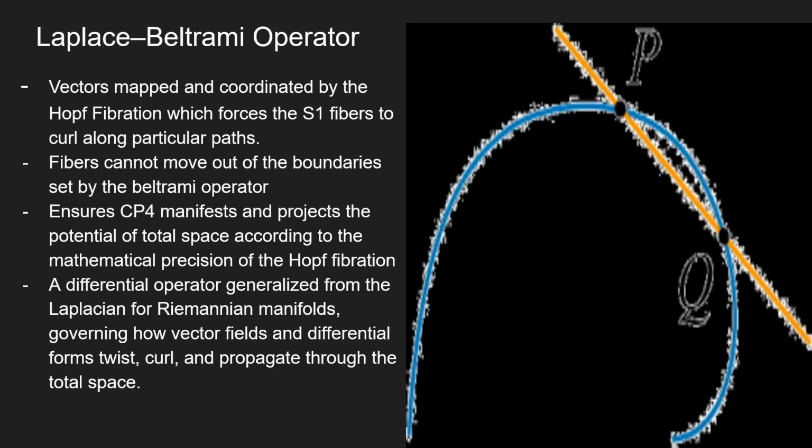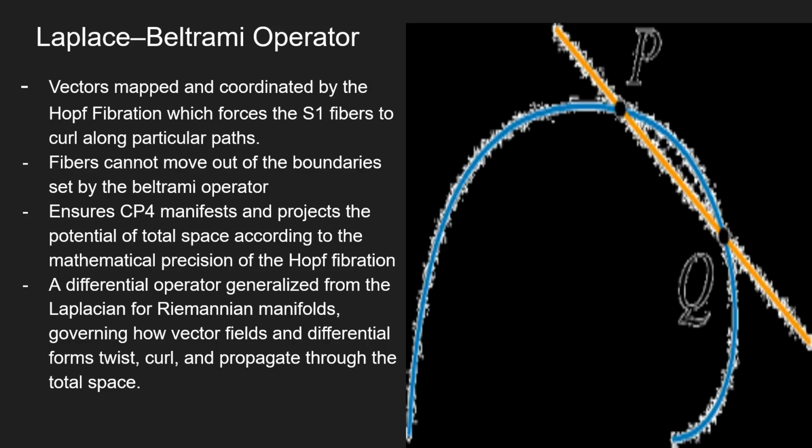But once you're stuck within that coordinate, you can't just make yourself come out of time, and you can't make yourself come out of the Beltrami operator. You have to conform to the curves and the vectors which were set by the Hopf fibration and now laid out in the form of the Beltrami operator.